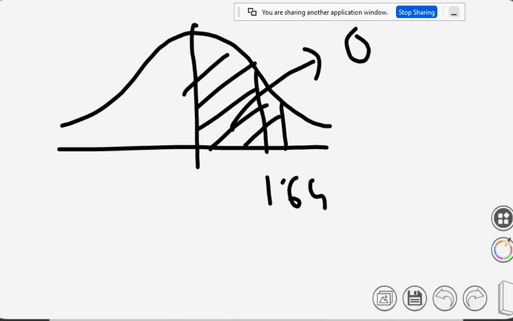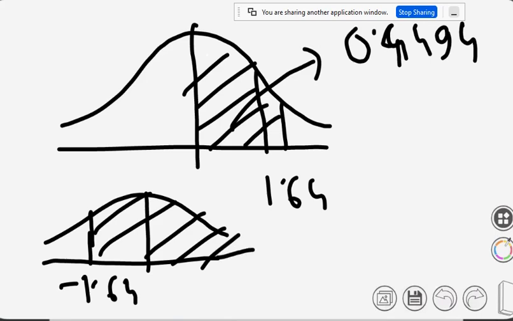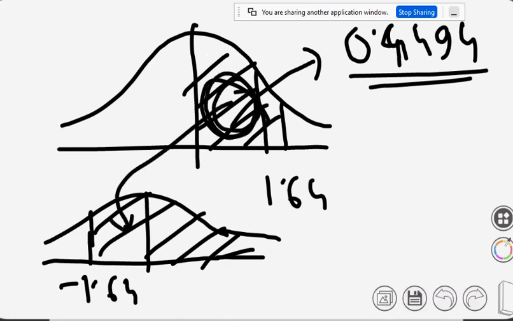So this area is given as 0.4494. So how to find out the required area using this? This area and this area are equal, these two sides are equal.